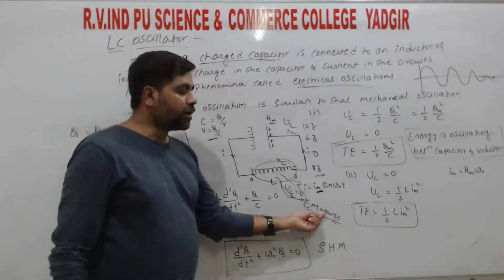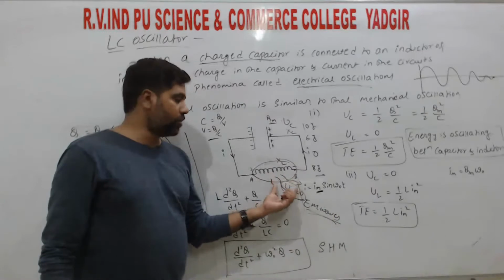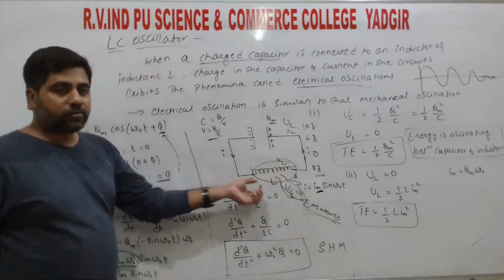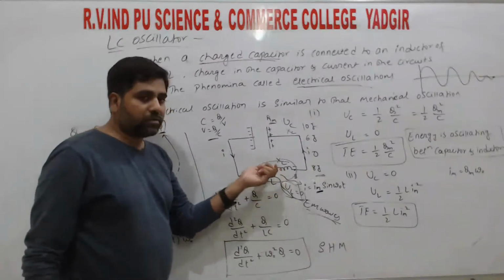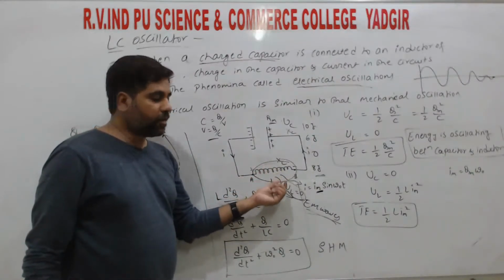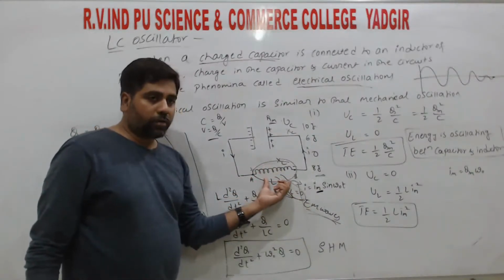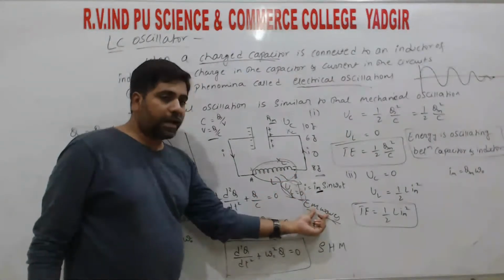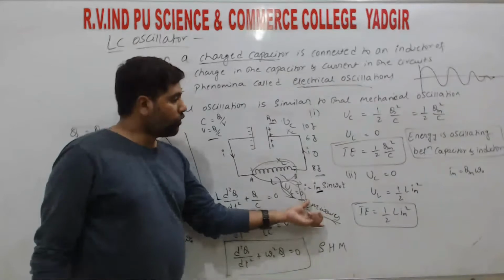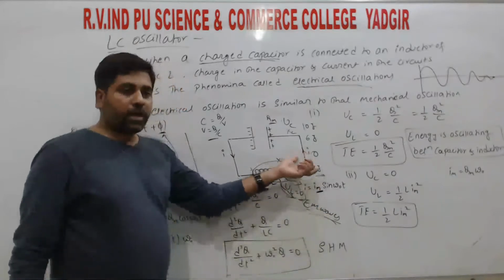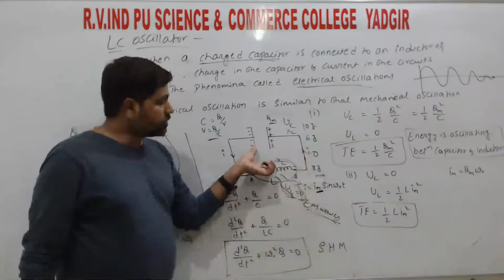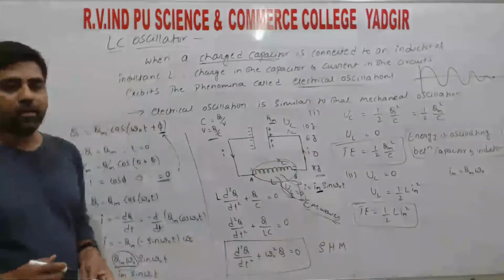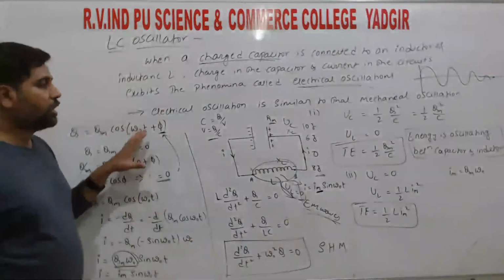These electromagnetic waves which are radiated from the inductor are used in radios and also in TV. In TVs and radios we transfer signals, so we make use of that, right. So again here the energy is lost in the form of electromagnetic waves, right. So for that reason also it will finally die. So in the circuit, finally it comes to zero, that means it dies out, right. So this is about the LC oscillator.